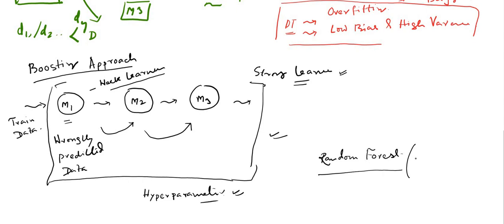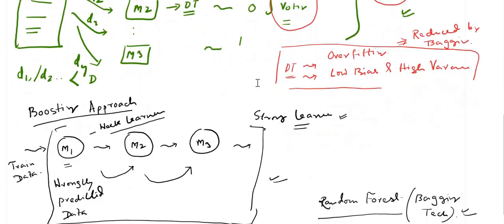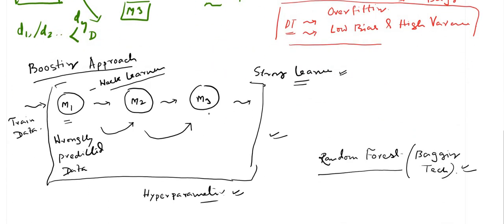Random forest again is a bagging technique. Remember I told you in the bagging technique, the normal concept is you can have any kind of model, and based on that you can take a decision. But when we are talking about random forest, all the models will be decision trees.